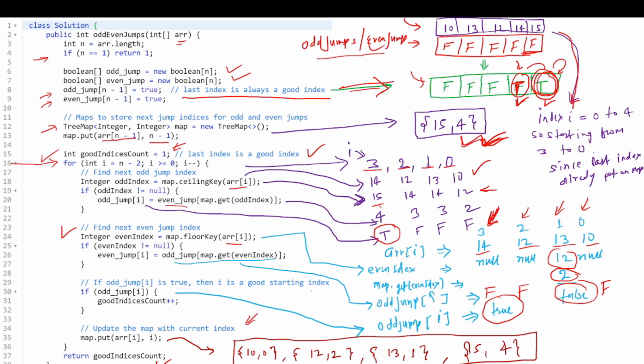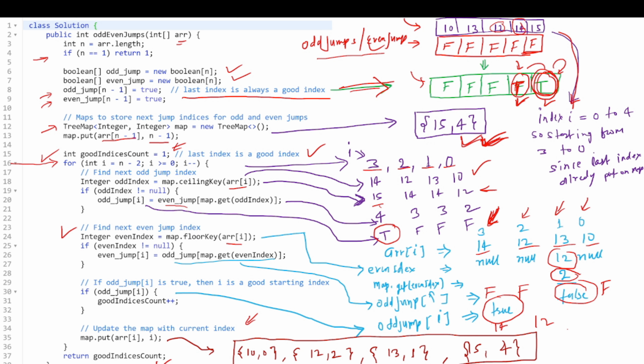Array element at I equal to 3, we will get 14 here. So I'll keep 14 here. Then array element at 2, what will you get? 12. So we will add 12.